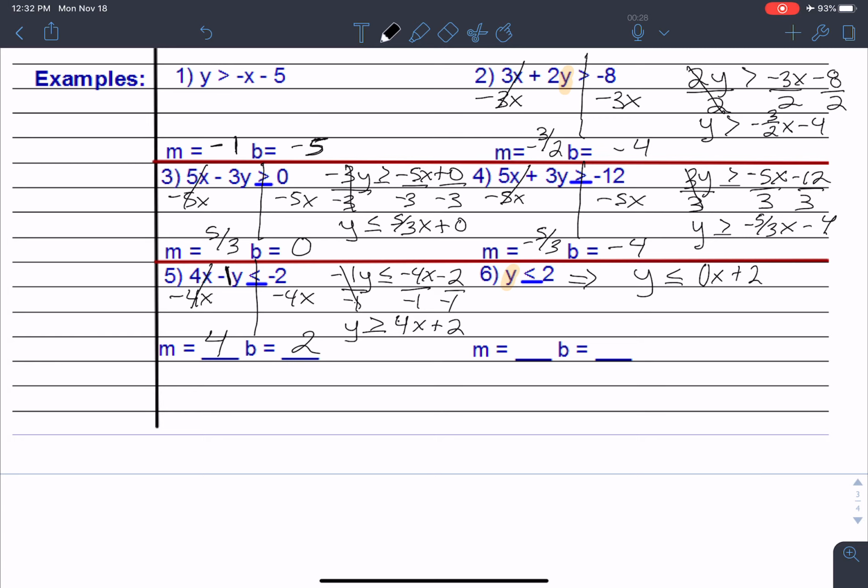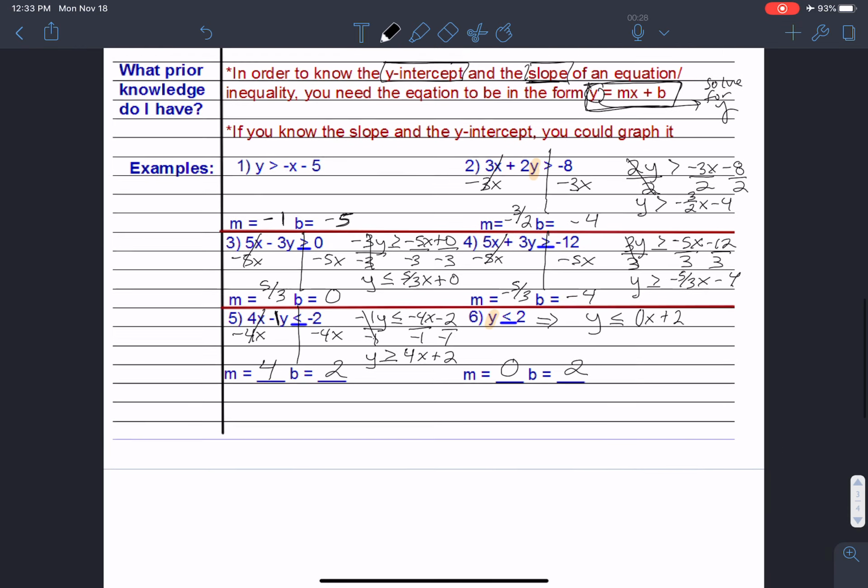So all I did was rewrite my inequality in terms of mx plus b. So now, because the m and the x were missing, I rewrote that as a 0, and my y-intercept is 2. So I have a slope of 0 and a b, or a y-intercept, of 2. All right, and that is it.